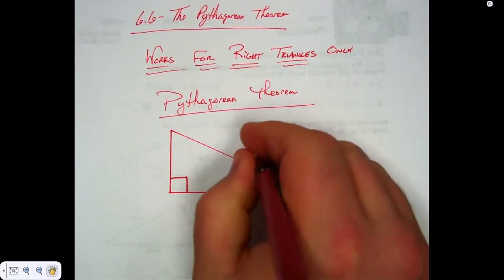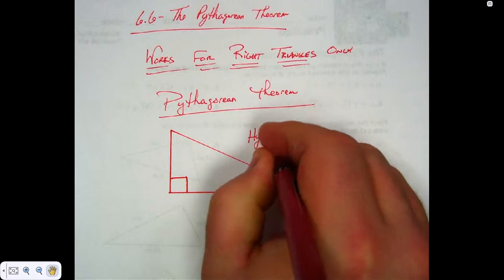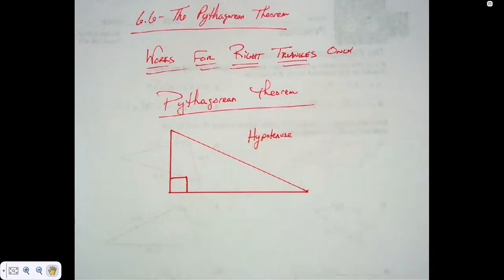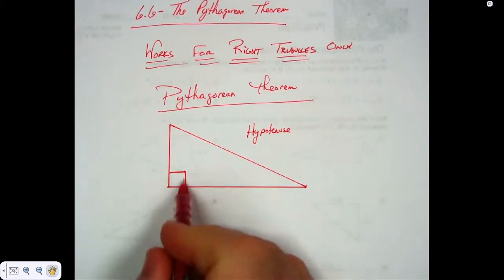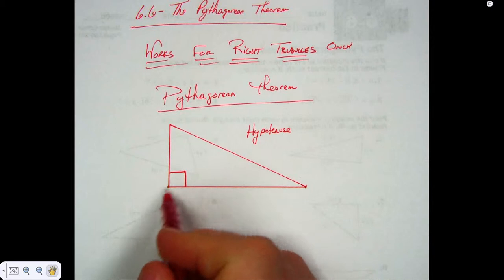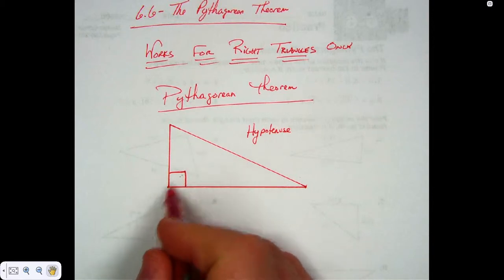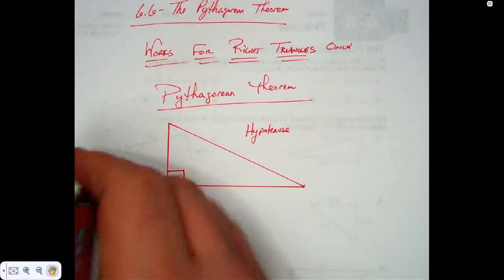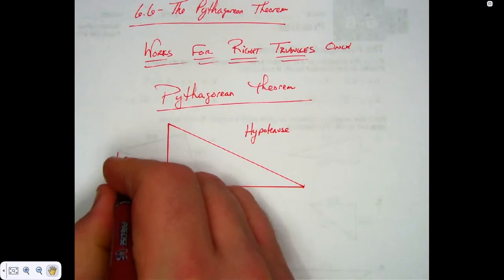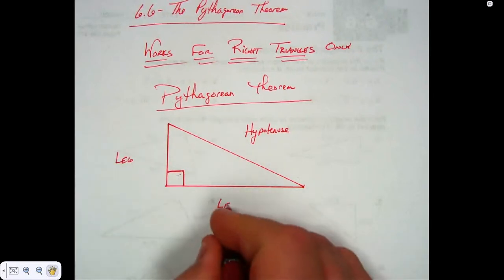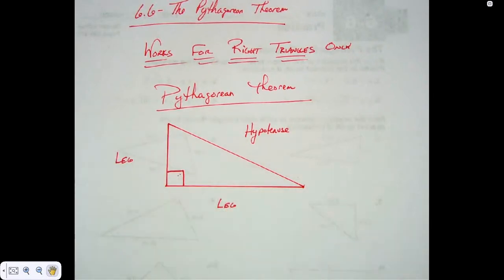The hypotenuse. Remember that this right angle is pointing to a side. That's the hypotenuse, if this was the end of an arrow, right? So over here is a leg, and over here is a leg. You okay, Bill? Okay.